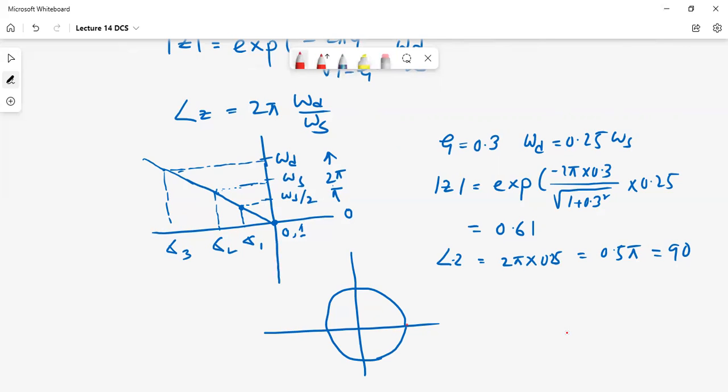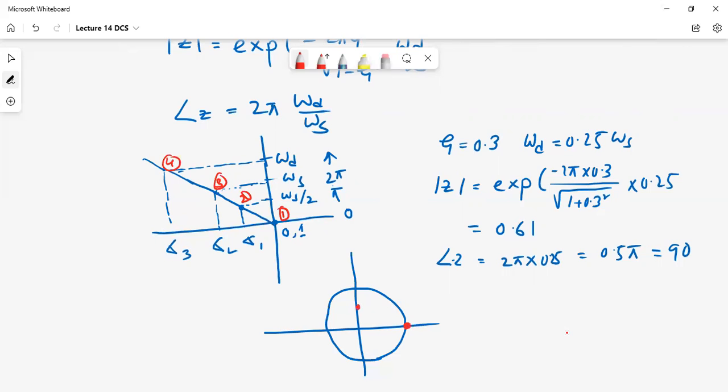So this is your point 1, then point 2, 3, 4. What will be your point 2? Omega d is at 90 degrees, we are getting 90 degrees with a magnitude of 0.6 something. So we'll be somewhere here.